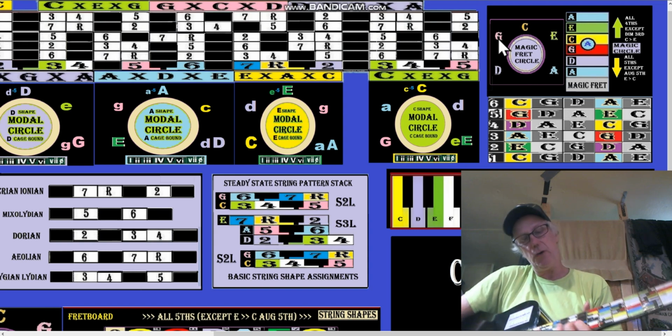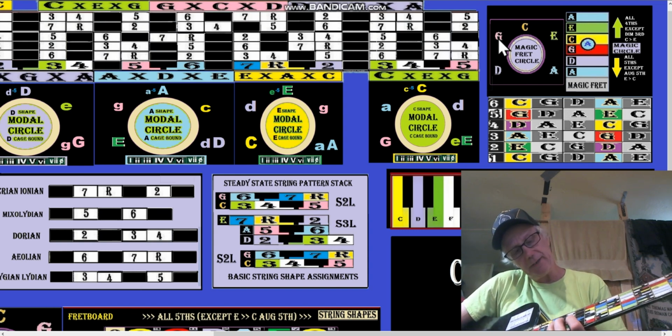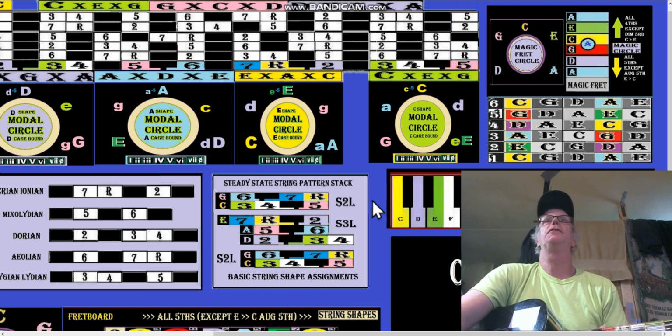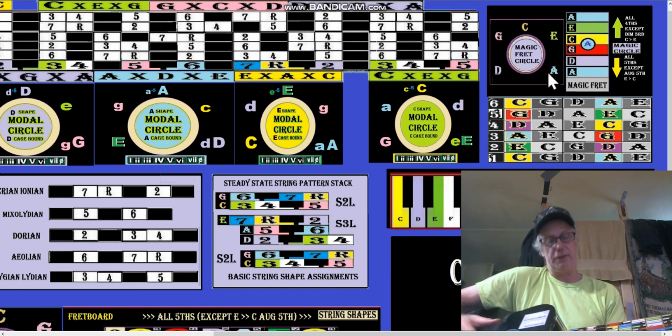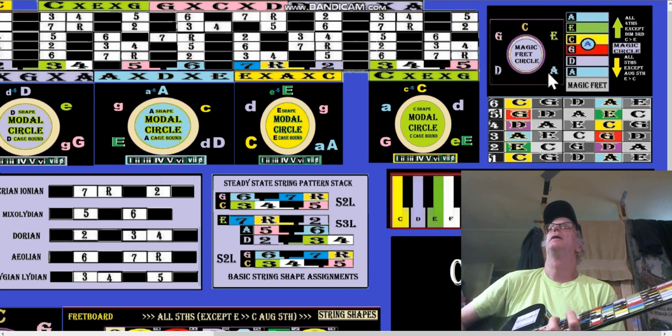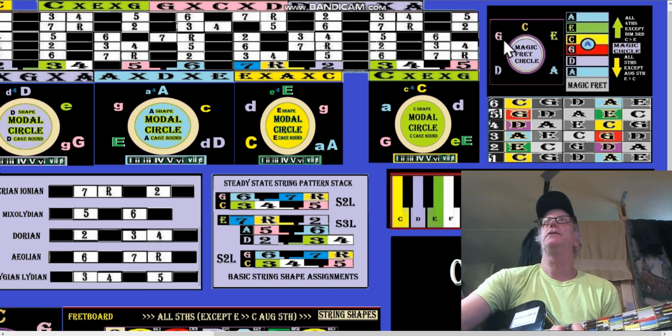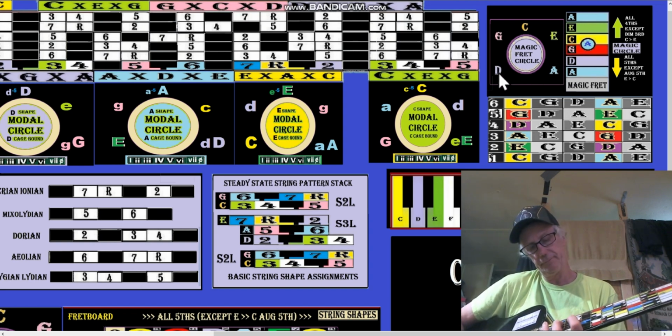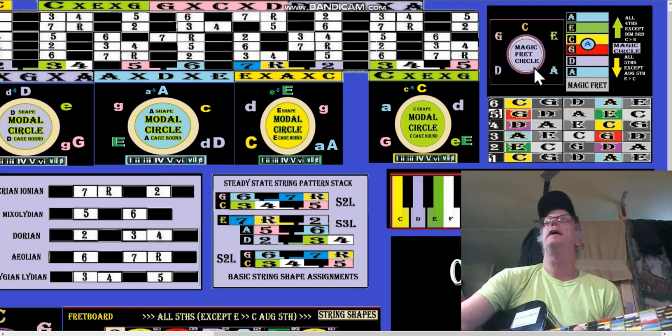Now you have to know that the A is going to be shifted over like that. The E is going to be shifted over like that. Okay? G to the D to the A. Let's do that again. G to the D to the A shape, which is 5, 6, right?